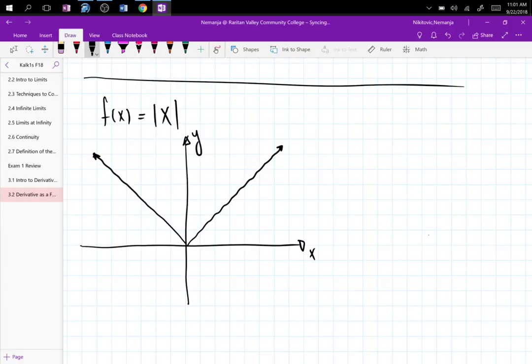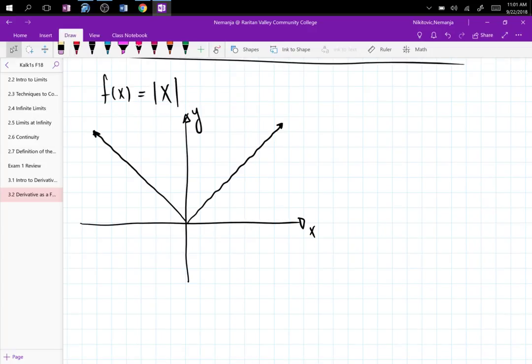And if you look at the slopes of these two lines, it should be quick to draw the derivative. So what do I draw for the left side? -1, very good. Now please, when you draw the -1, make sure you put an open circle on the y-axis. What should I do for the right-hand side?